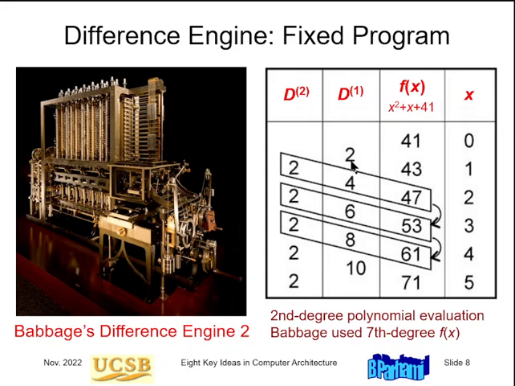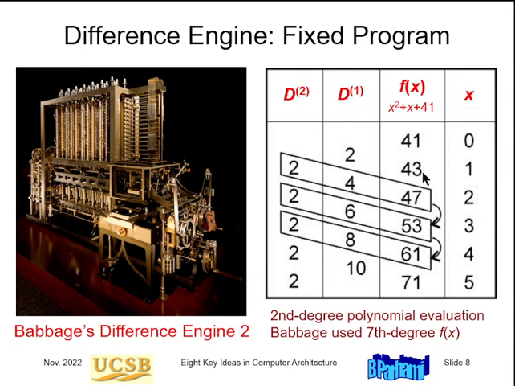So the values in this column can be easily computed by simply adding 2 to the previous entry. 4 plus 2 is 6, 6 plus 2 is 8. And the values in this column can be computed by adding this first order difference to the previous value. 41 plus 2, 43 plus 4, 47 plus 6, and so on.